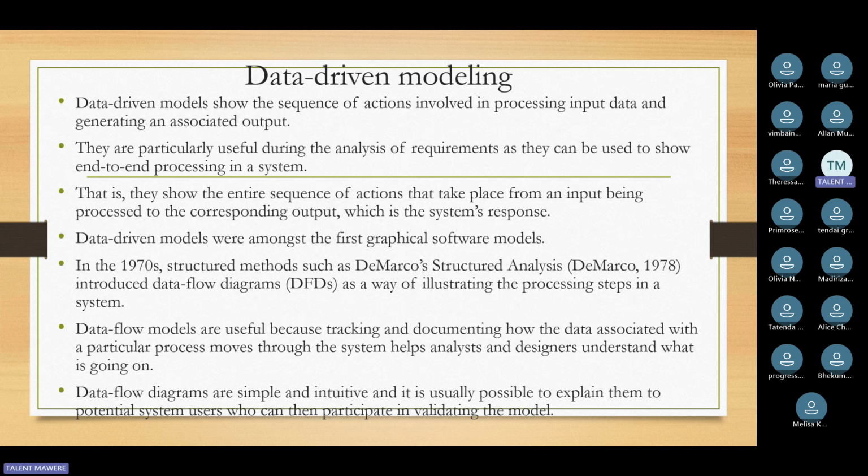With data-driven modeling, we are modeling the sequence of actions involved in processing data and generating some kind of output. Data-driven models are very useful during analysis of requirements, as they can be used to show end-to-end processing in a system.